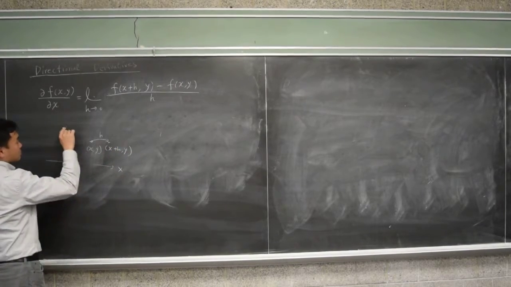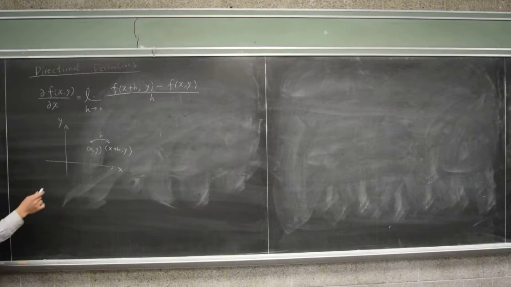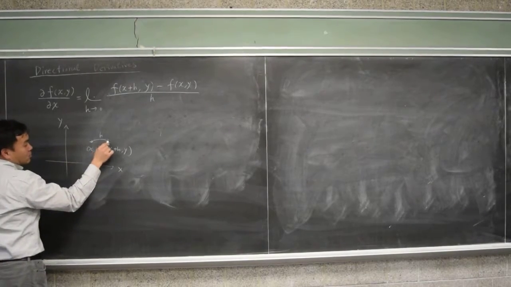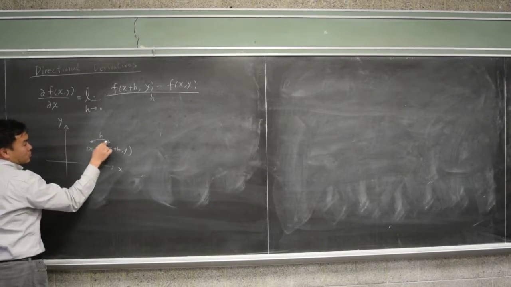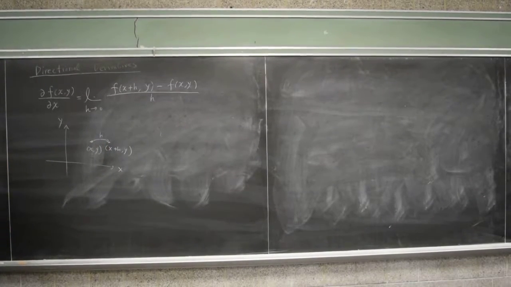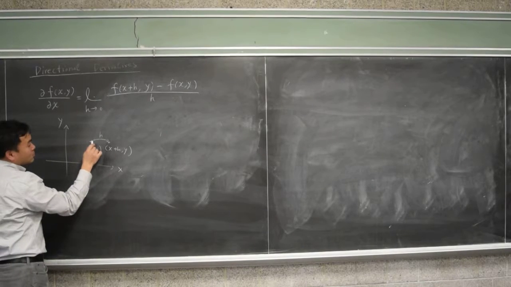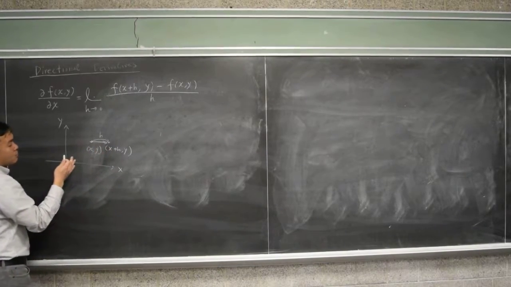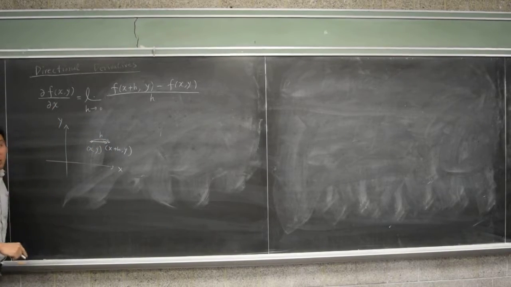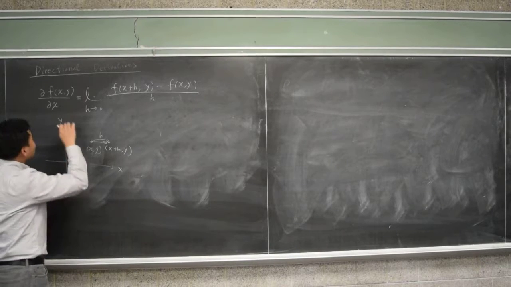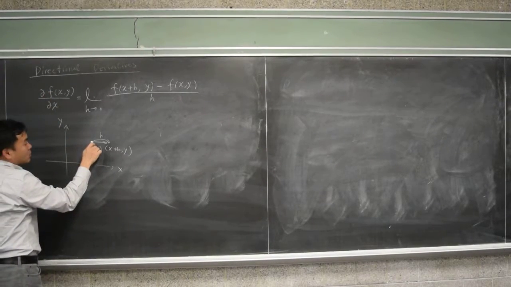Say this is x, this is y. And you're trying to find the change of f between these 2 points, right? So this can be thought as the rate of change of the function as you're moving in the x direction. That's what partial with respect to x means. And then if it was partial with respect to y, you would be going upwards.